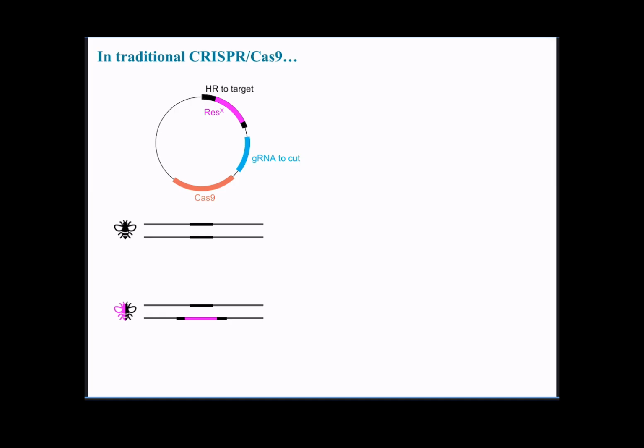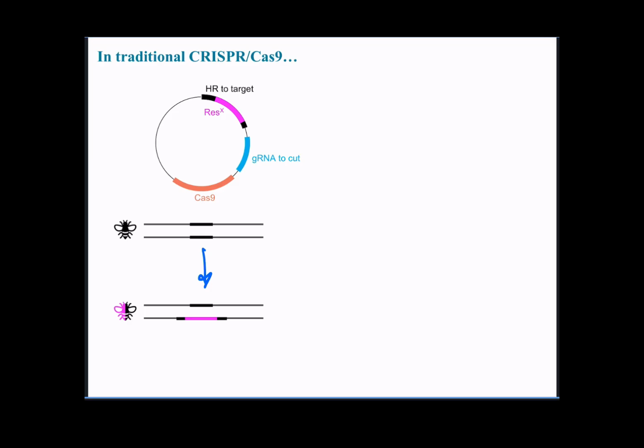Right? So after standard CRISPR, what you typically have is one of the homologous chromosomes replaces the target sequence that you cut with CRISPR by the transgene of interest through homologous recombination.